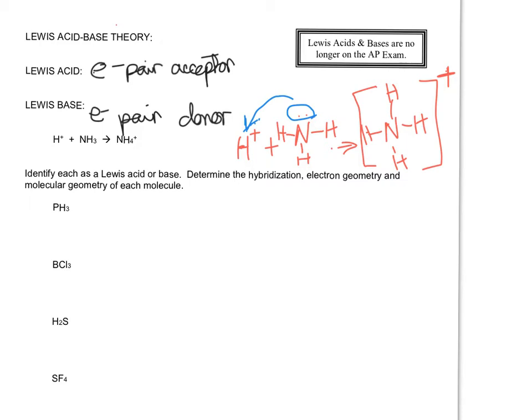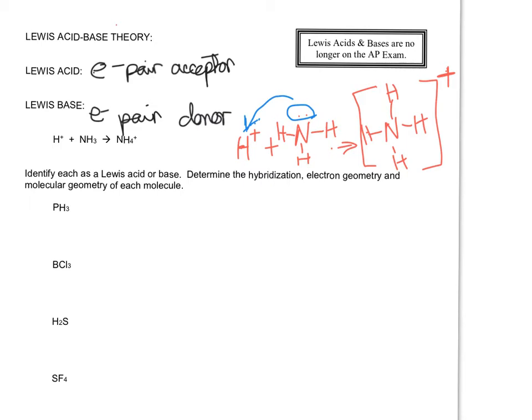That is what is going to make the bond between that hydrogen and that nitrogen. The nitrogen gave away its electrons, so it's an electron pair donor. The hydrogen accepted that pair of electrons, so that's an electron pair acceptor. Therefore, that H plus was an acid, and that nitrogen with a lone pair was a base, according to the Lewis definition.